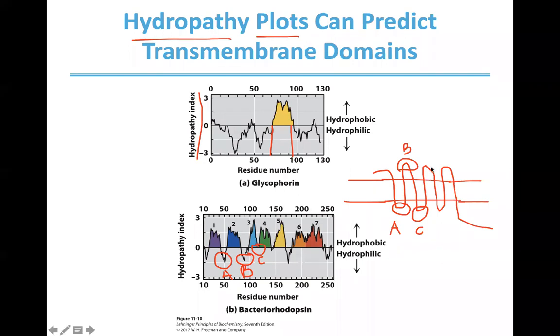One, two, three, seven. Yeah, that should be A. I just wasn't really paying attention. I just wanted to indicate that the segments which are below 0 in the hydropathy index are exposed to aqueous environment, and the ones which are above are transmembrane domains. All right. Thank you.